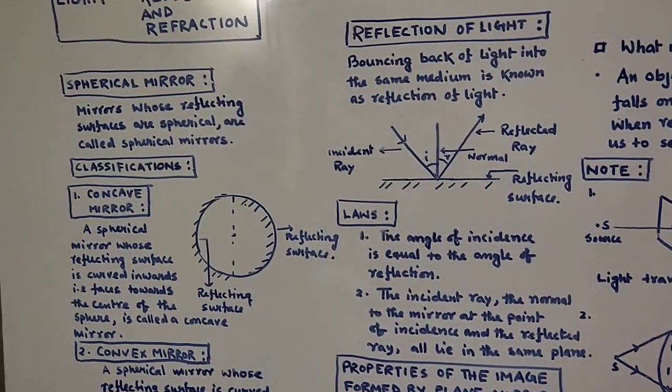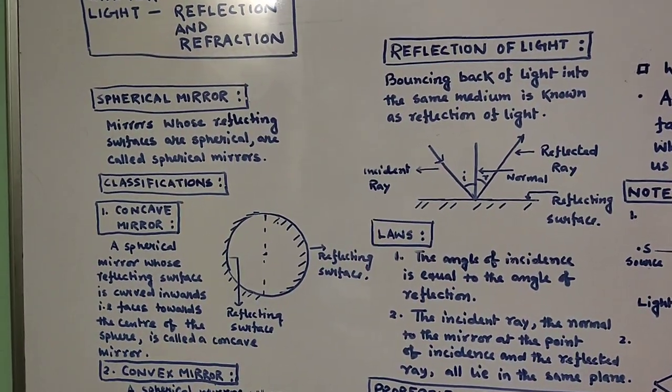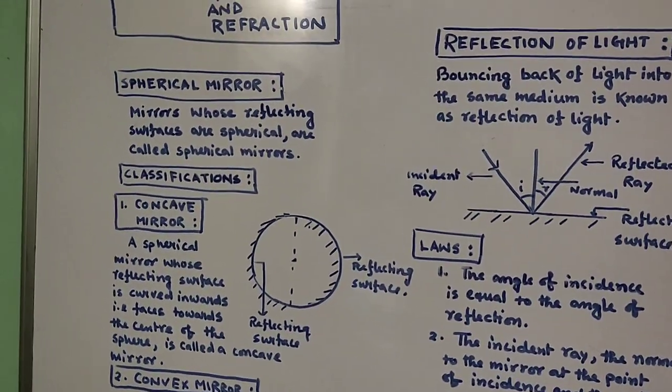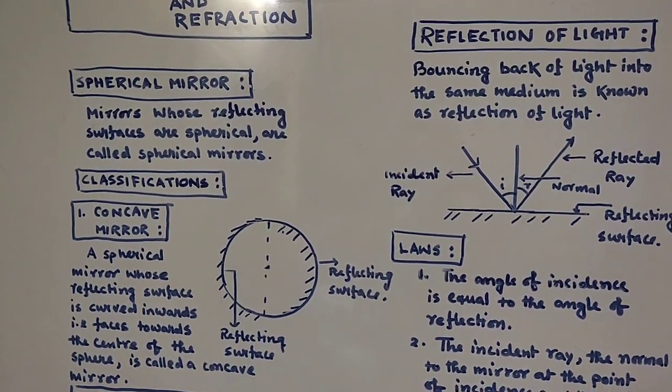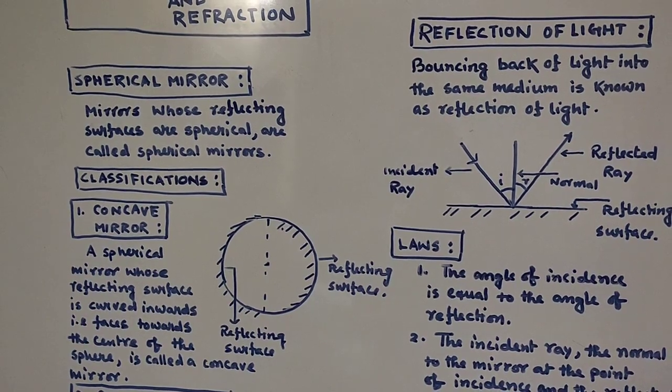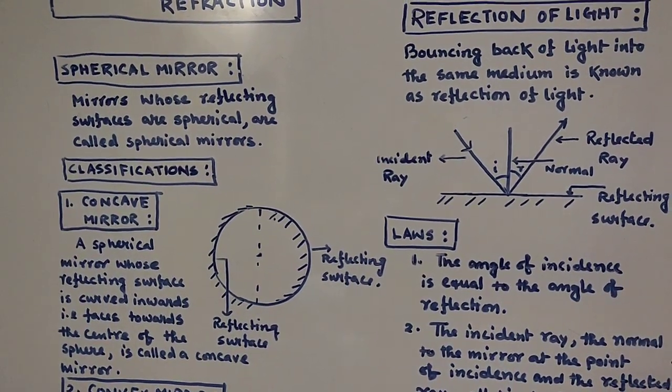Now the next topic we are going to discuss is the spherical mirror. As the name suggests, the mirror is a part of a sphere. So what we have written: mirrors whose reflecting surfaces are spherical are called spherical mirrors.